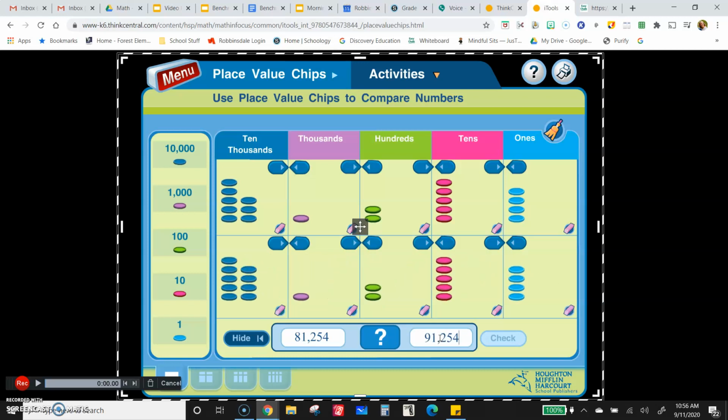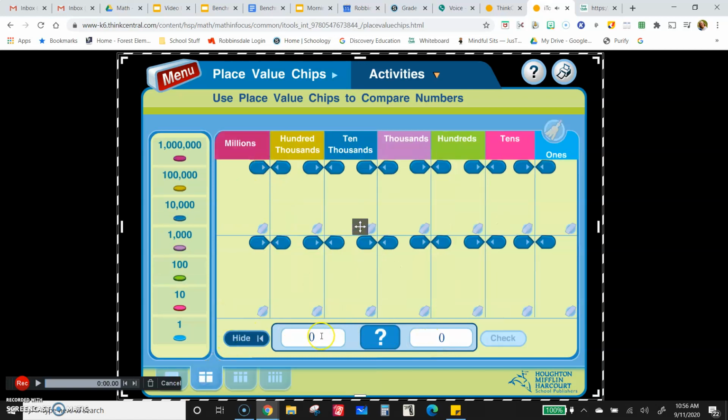There we go. Sorry about that. So we can see that if I look at my 10,000s, here I have 8 10,000s. Here I have 9 10,000s. So the 9 10,000s is going to be greater. So I want to face it that direction. Let's check it. Yep, that 81,000 is less than 91,000.